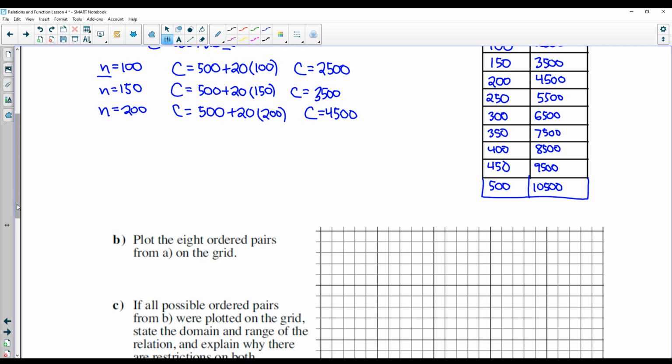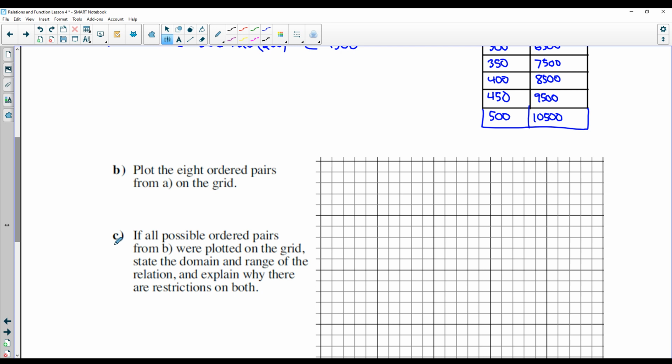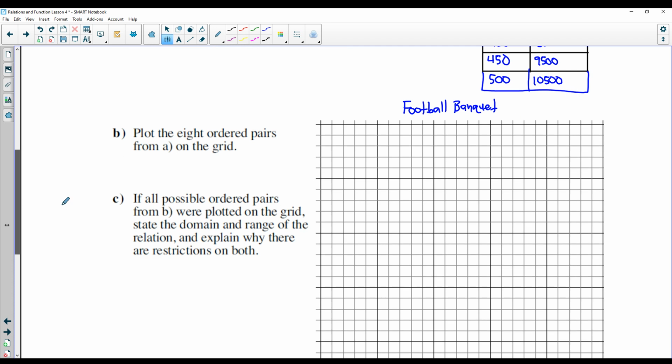Now B wants me to plot this data on the graph. Okay, well, let's give a title first of all. So let's call this the football banquet. Okay, the y-axis.